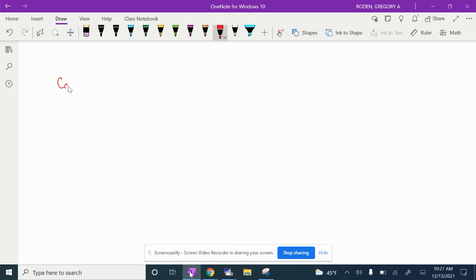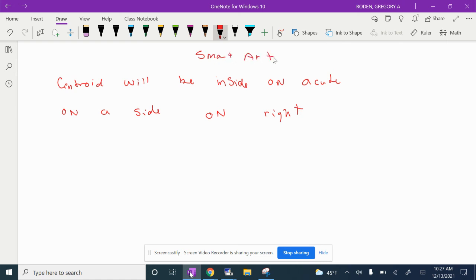The centroid will be inside on acute triangles, on a side on right triangles. This guy's name was Smart Art. Man, he was smart. And outside on obtuse triangles.